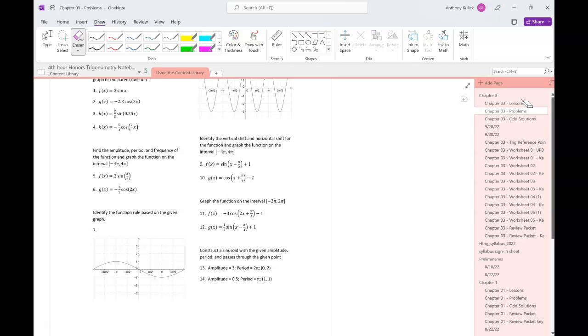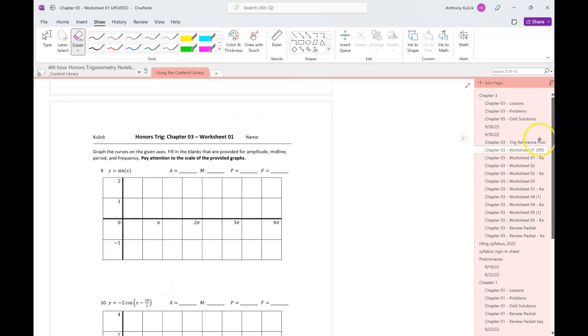Giselle, you should have 14 on the worksheet.